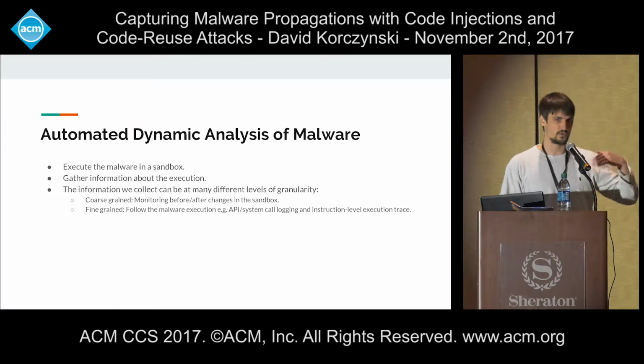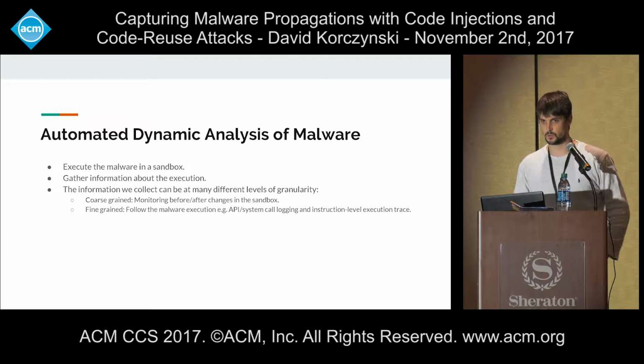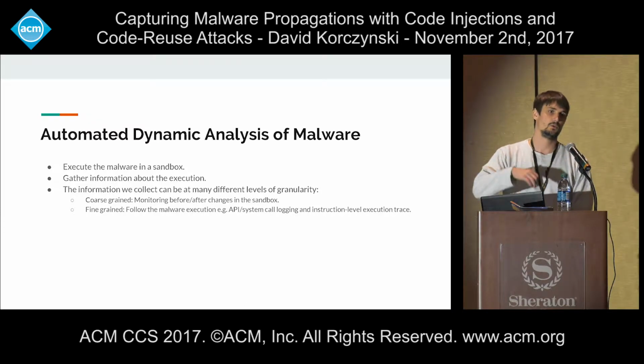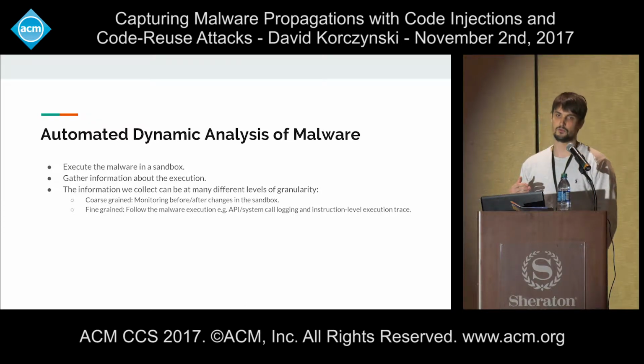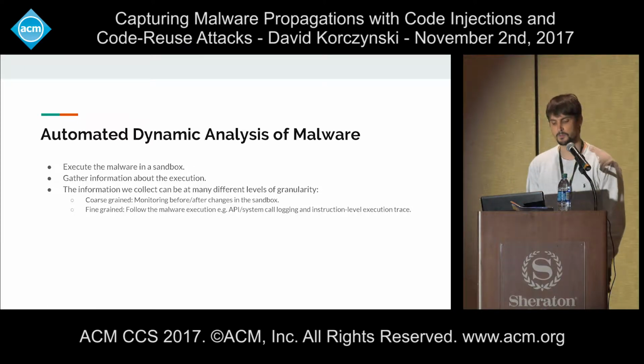And you can also have a much more fine-grained approach where you look at, for example, the API calls or the system calls performed by the malware, where you try to get the instruction trace in order to do some very detailed behavioral analysis. If you want to do selective symbolic execution or so, you also need to have the instruction trace of the malware. And well, you all are probably very familiar with Cuckoo Sandbox that tries to log all of the API calls performed by the malware.